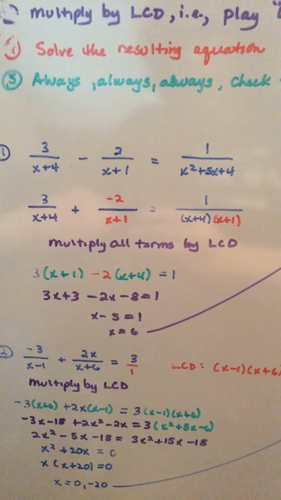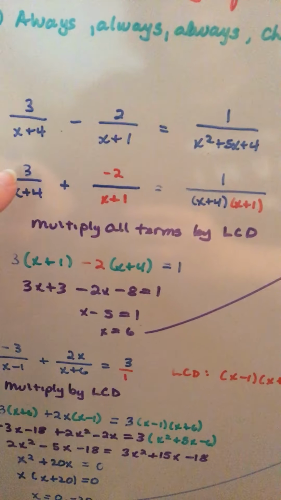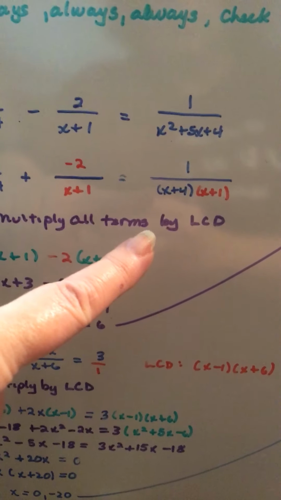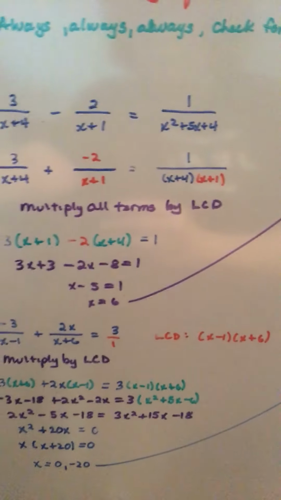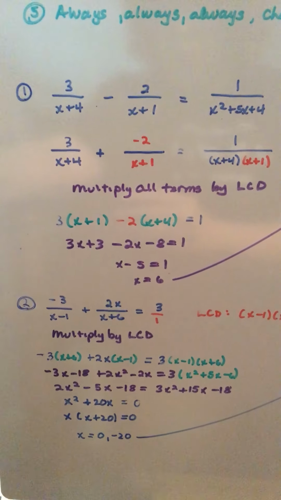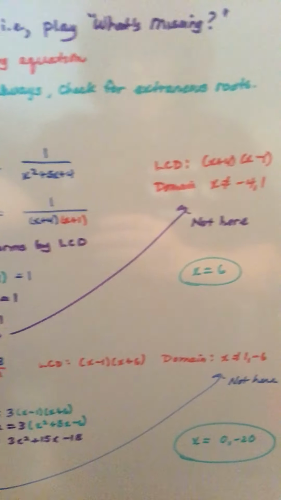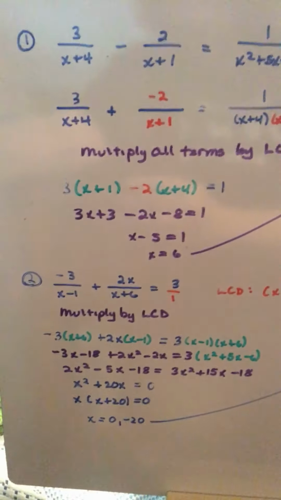I'm going to multiply through by the common denominator, but really it's what's missing. The 3 needs an x plus 1, the -2 gets the x plus 4, and the 1's denominator needs nothing. So its numerator gets nothing. I solve, I get 6. 6 is not there, and so 6 is my solution.